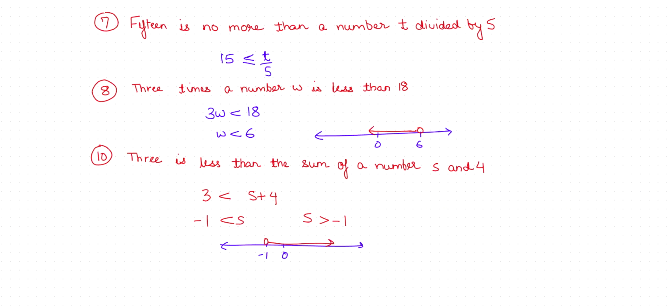This is any number we can put, like we can put s as 0, so we'll get 0 plus 4, which will be greater than 3. So s is greater than -1, and this will be an empty circle because -1 is not included.